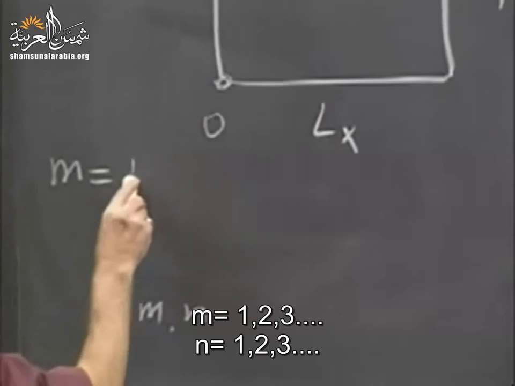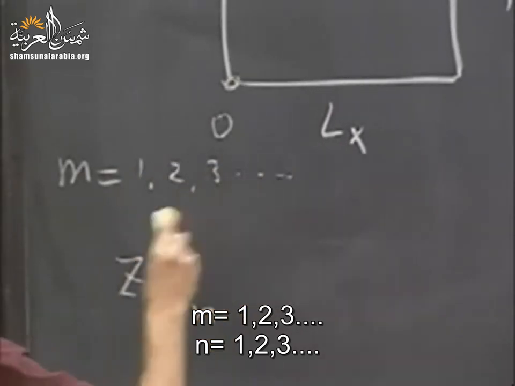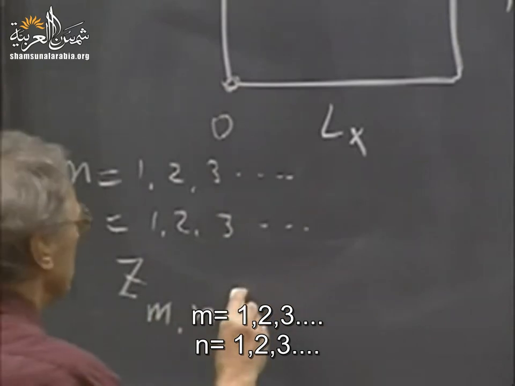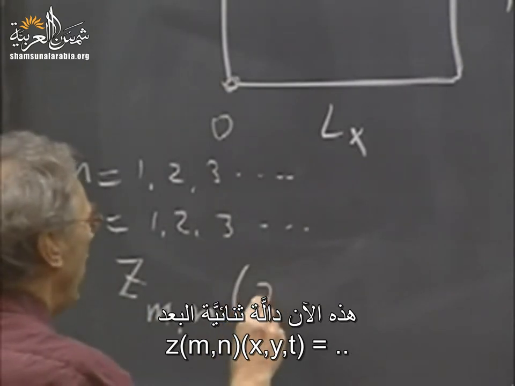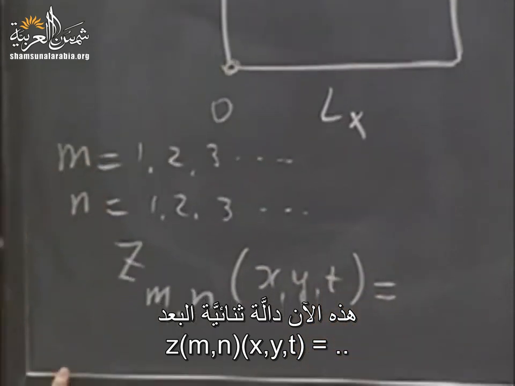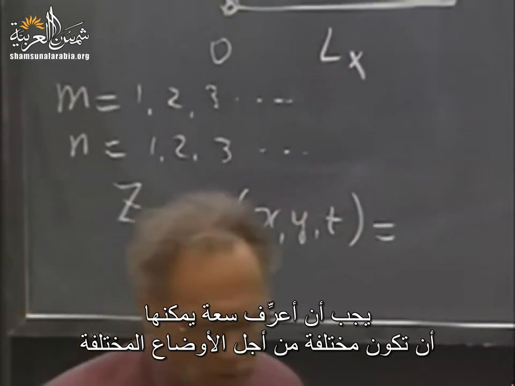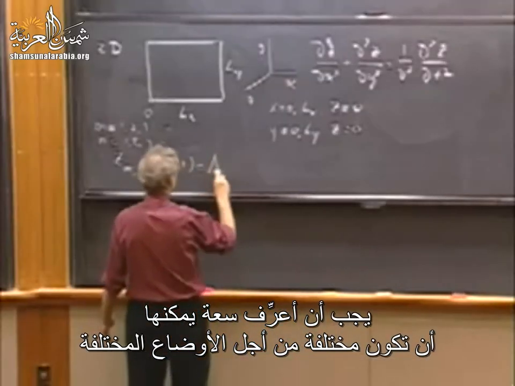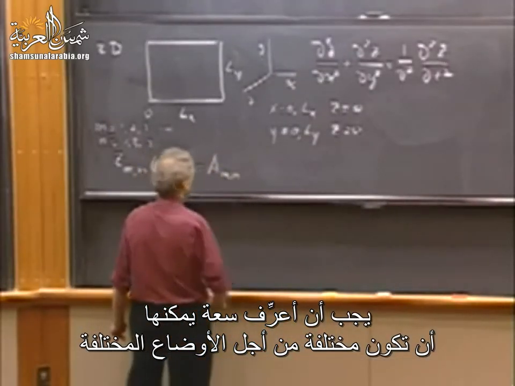So m now goes 1, 2, 3, etc. Nancy is 1, 2, 3, etc. And this is now a function of x, y, and t, two-dimensional. So I have to introduce some kind of an amplitude, which can be different for the different modes, Mary Nancy.